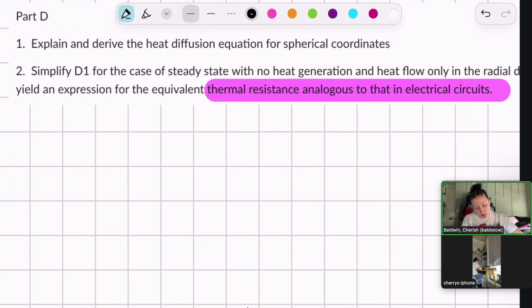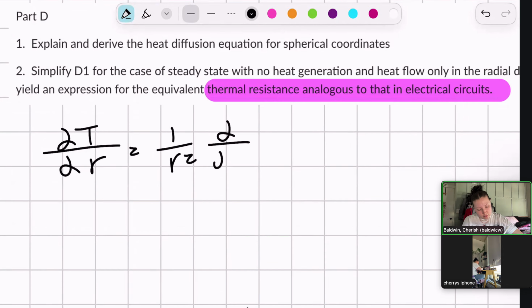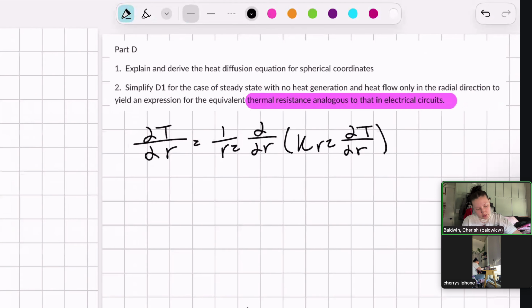So let's first start with the equation for the radial equation. Alright, and now let's simplify it.